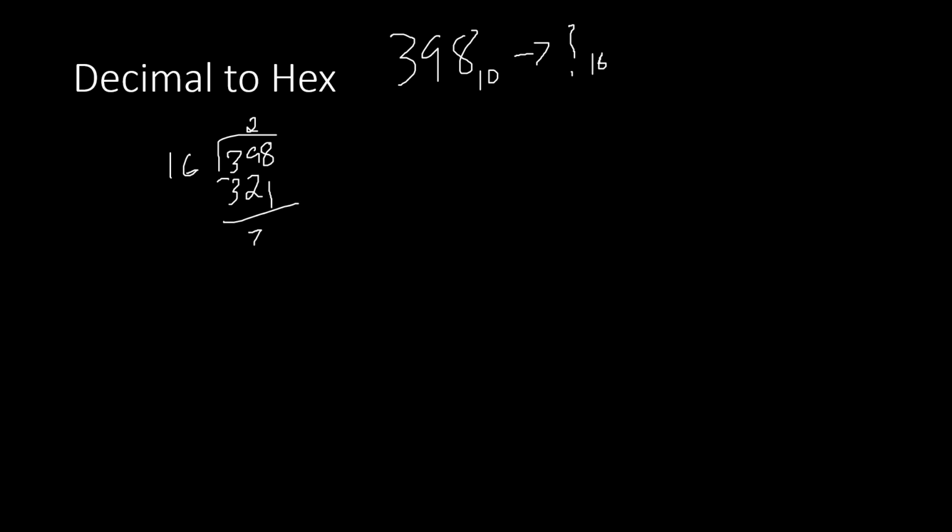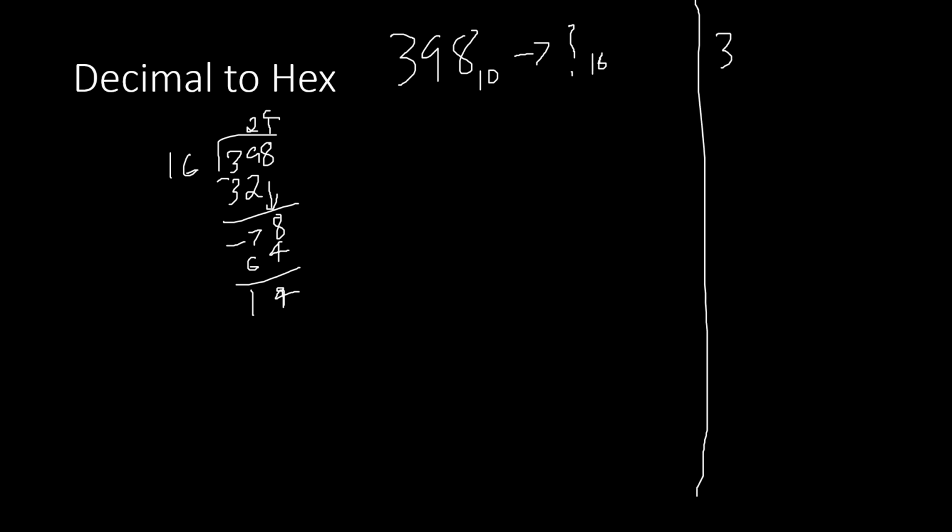Subtract those, you get 78. 16 goes into 78 4 times, which would be 64. Subtract, you get 14. So 398 divided by 16 equals 24 with a remainder of 14.